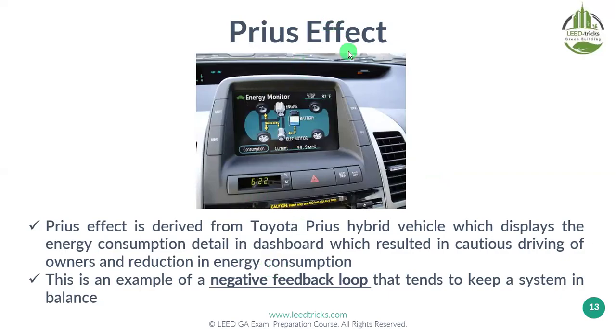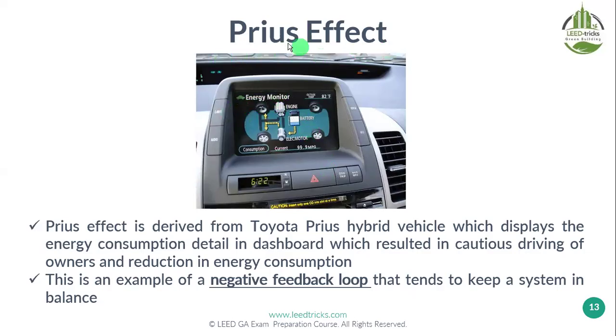Another example, the car. Do you know the Toyota Prius, one of the first hybrid cars? And now everyone is familiar with hybrid. I was explaining this 10 years ago and nobody knew what a hybrid is. Now everyone knows hybrid.